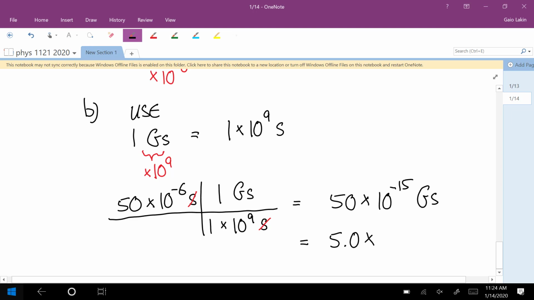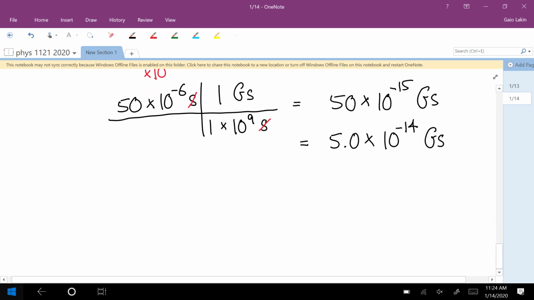So this is 5.0 times 10 to the minus 14 gigaseconds. Any questions about that? Okay.